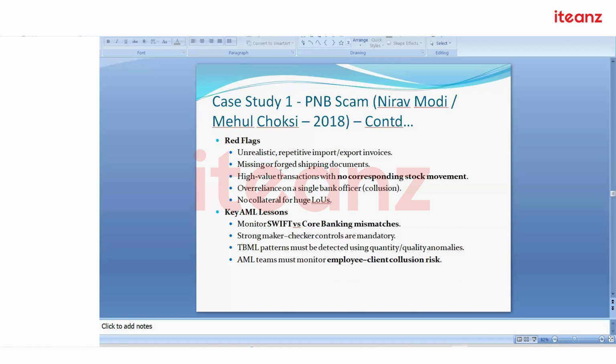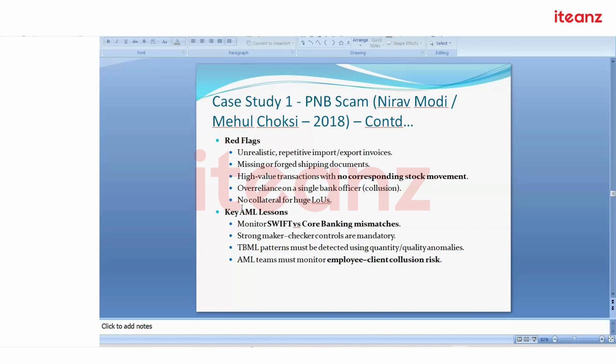Those bills. High value transactions with no corresponding stock movement means transactions happened, but there was no diamond purchase or sale.